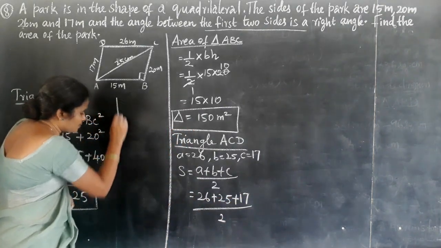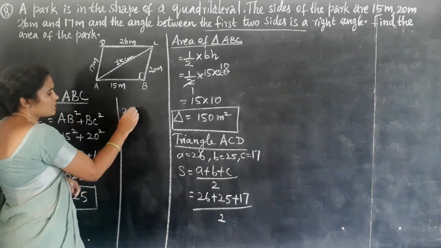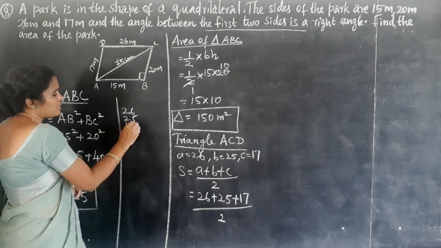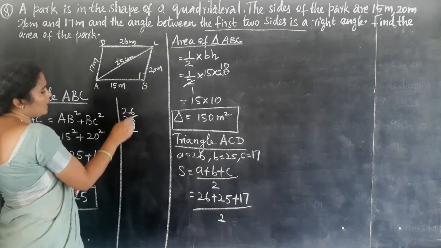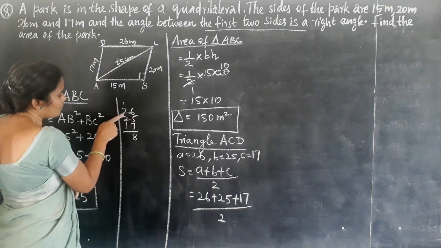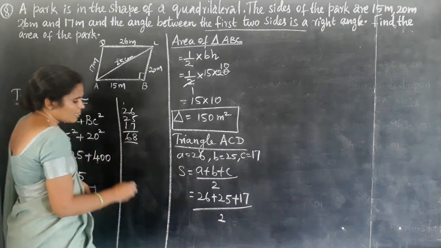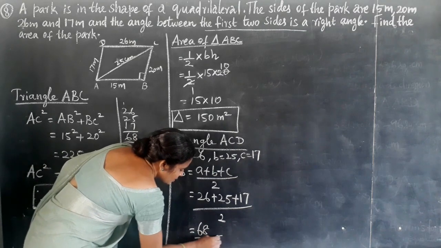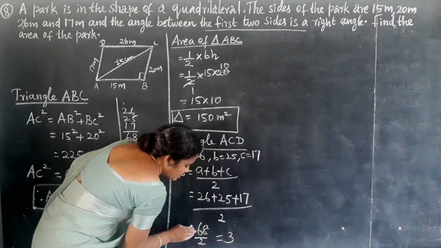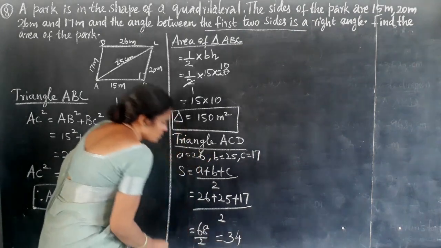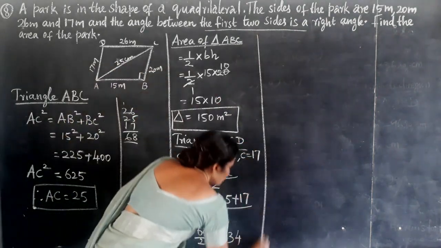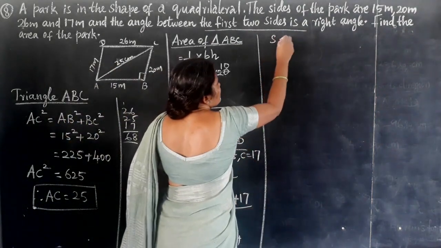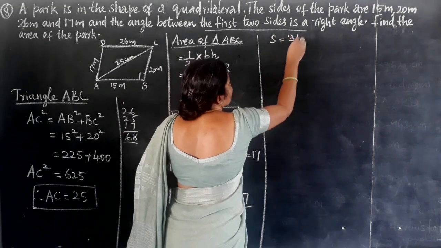So 26, 25 and 17: 12, 12 plus 6 is 18, 68. 68 divided by 2 is equal to 34. So therefore s is equal to 34.